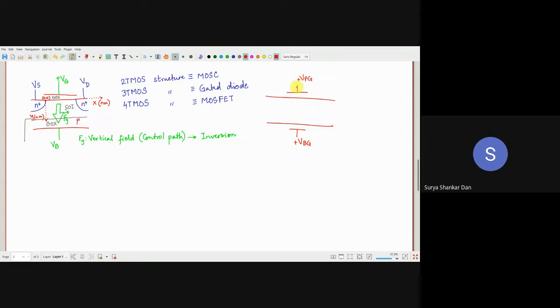Usually we will short these two. And these become N plus regions. This becomes your VDS, and this is your source, which is grounded. So this is a typical structure of a double gate MOSFET.